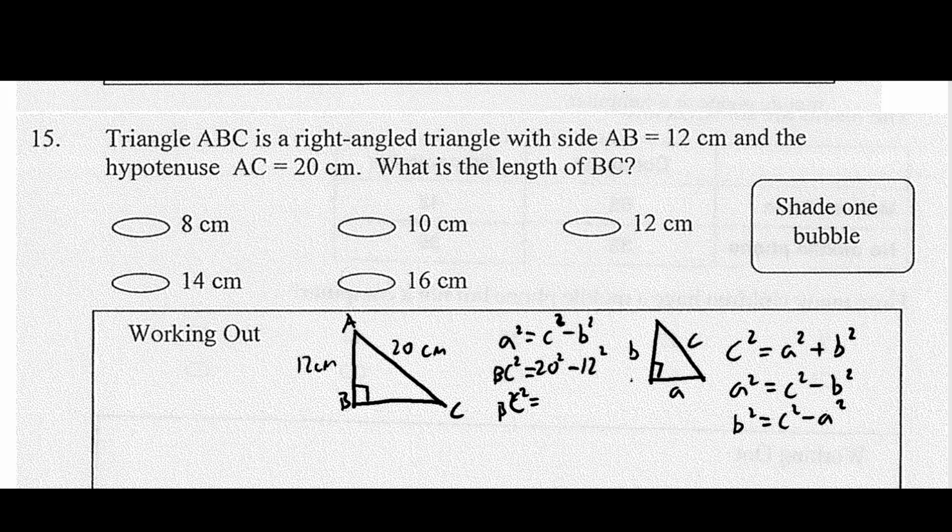Now 20 squared is 20 times 20. So 2 2s are 4, that's 400. All right, 12 squared is 12 times 12, which is 144. That's 400, take 144.